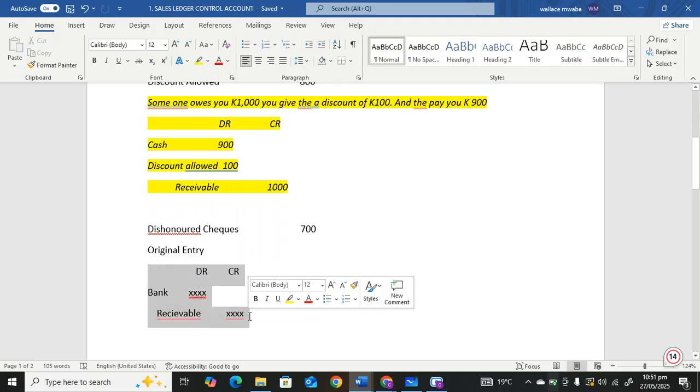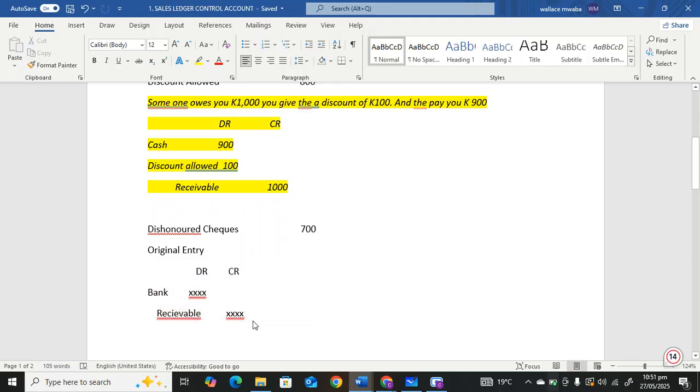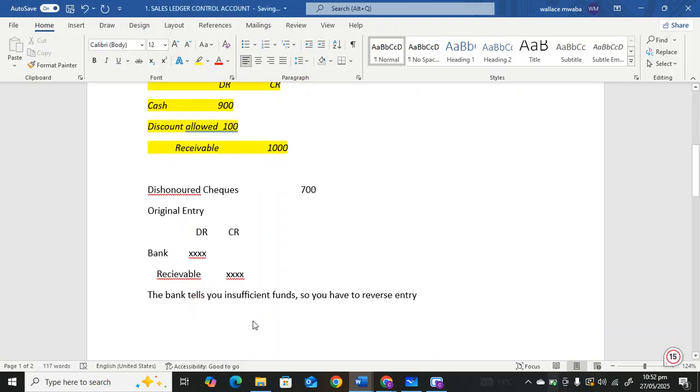How do we reverse it? Here you credit bank, and what do you debit?